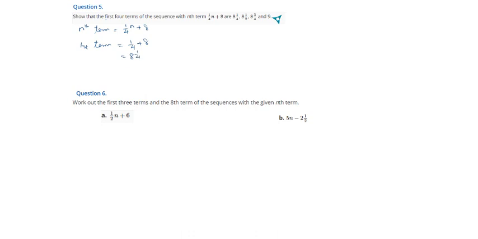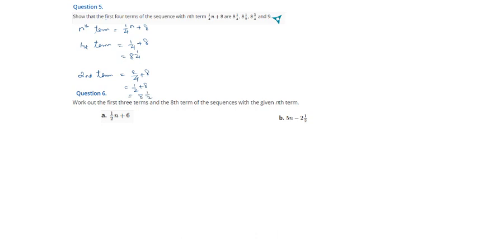The second term is equal to 2 by 4 plus 8. This is equal to 1 by 2 plus 8, which is equal to 8 1 by 2.